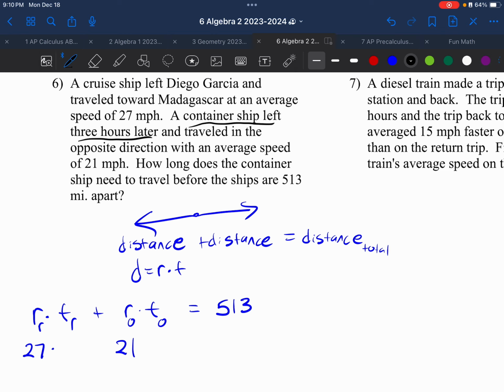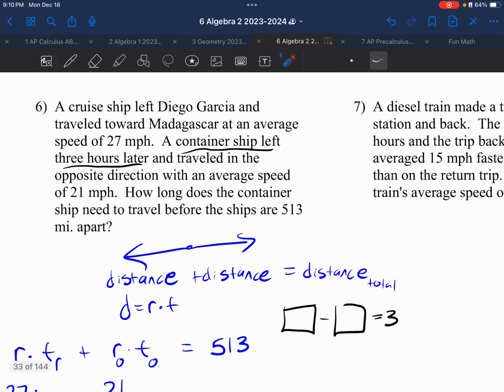Okay, how does a container ship left 3 hours later turn into an equation? So 3 hours later is the difference between their times. So we're going to have some amount of time minus another amount of time, and that's going to give us 3 hours of difference. So which one is traveling for more time? If the container ship left later, then that means that the cruise ship has already been traveling for a lot longer.